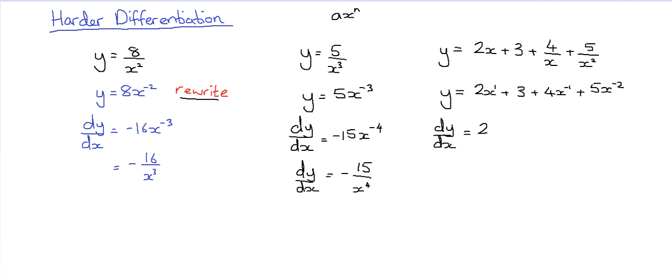This is x to the 0 times 0, it's going to go. Negative 1 times 4, that's negative 4, reduce the power by 1. So you have minus 10, and reduce the power by 1. Okay, this form isn't good enough, so we're going to rewrite it. 2 minus 4 over x squared minus 10, and the power is positive as the denominator.